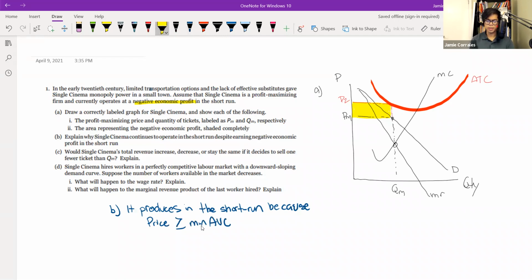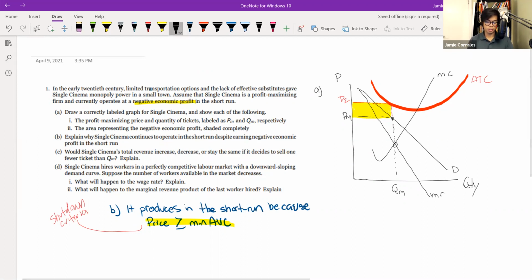What is this called again? This is called the shutdown criteria. So what does that shutdown criteria say? It says that in the short run, a firm is going to produce as long as the price it sells its product at is greater than its minimum average variable cost, or greater than its average variable cost. So that's B.